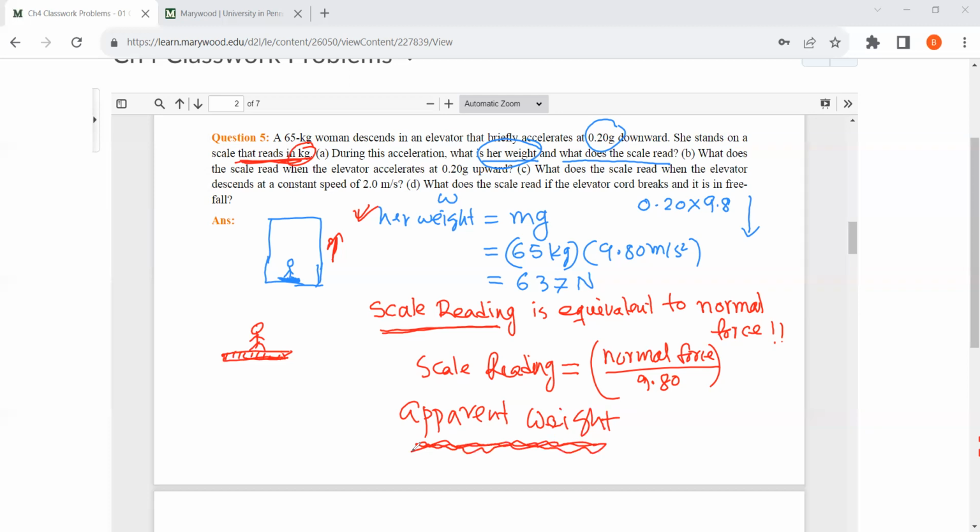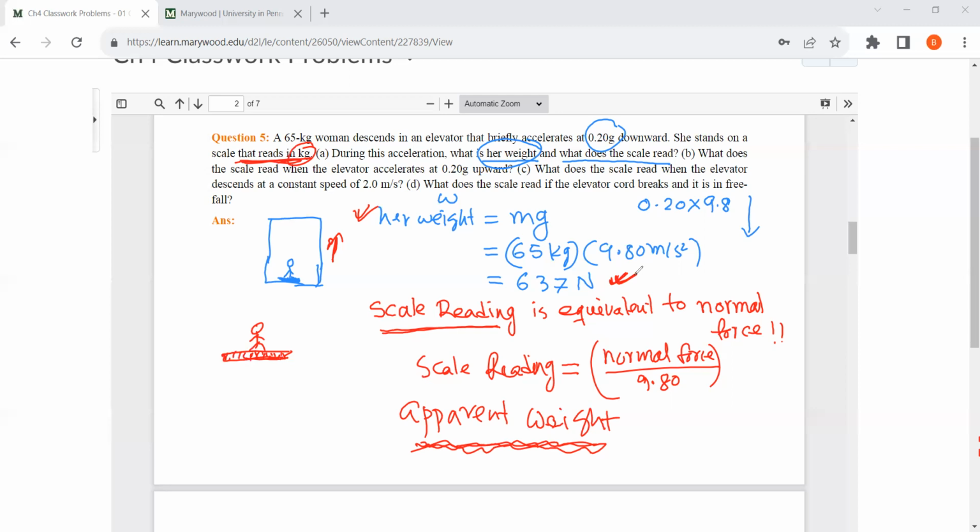How do I know that this lady's weight is 637 when she stands on this scale? When the elevator is not moving, we can read this from the scale. So we see the true weight from the normal force when the elevator is not moving. Because we see this normal force as our weight, we call it apparent weight.